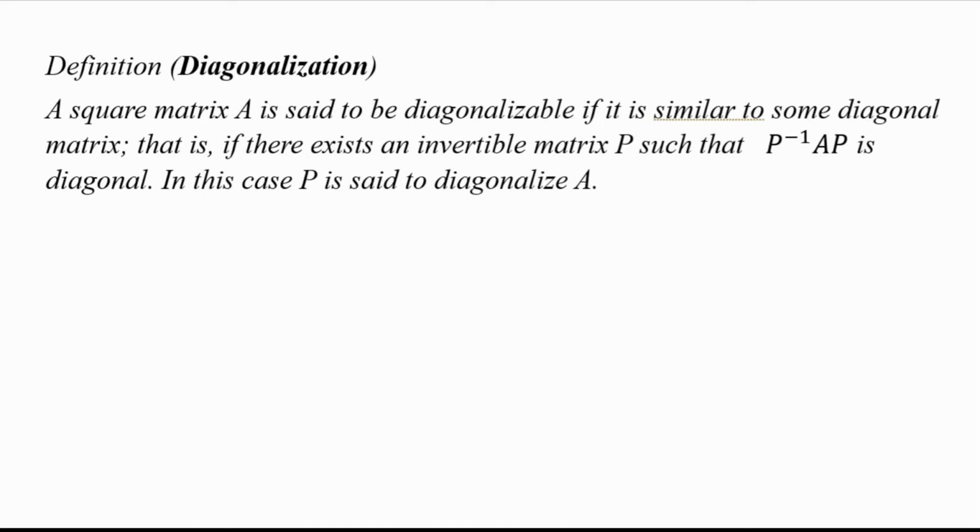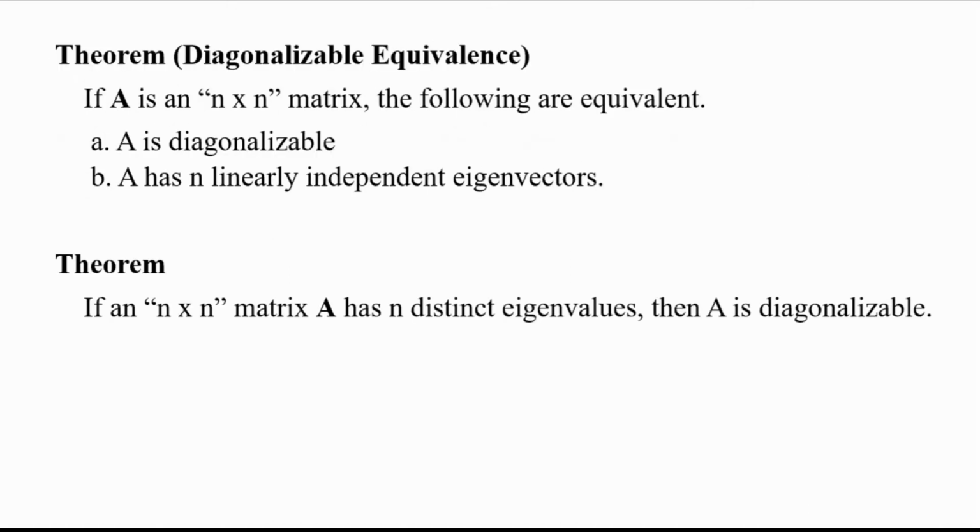A square matrix A is said to be diagonalizable if it is similar to some diagonal matrix. Well, we just talked about that. That is, if there exists an invertible matrix P such that P inverse times A times P is diagonal. In this case, P is said to diagonalize A. Diagonalizable equivalents: if A is an n by n matrix, the following are equivalent.